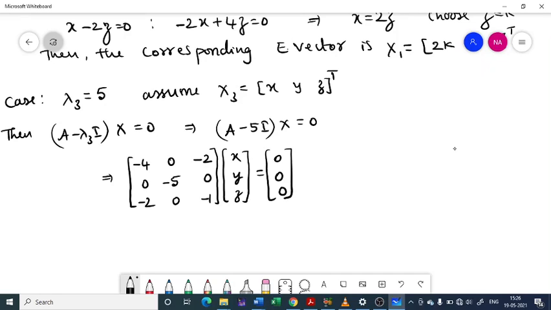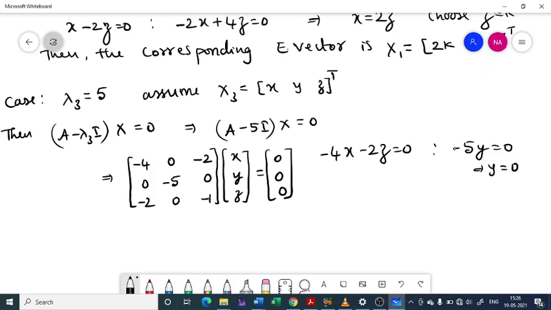From this we get minus 4x minus 2z equal to 0, and minus 5y equal to 0, which implies y is 0.